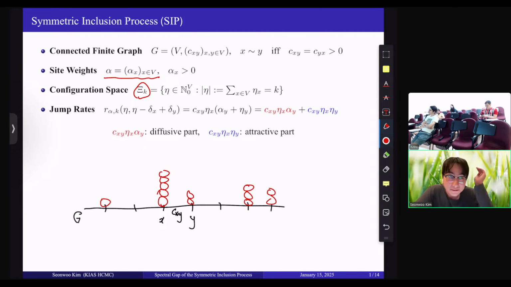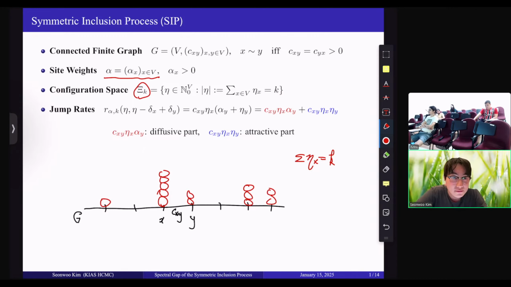Until the very last slide, which is just the discussion, today I'll just fix the conservative case, such that the number of particles is always conserved in the system. So to make the system ergodic, we fix a parameter k, which determines the number of particles in the system. So the number of particles here would be k.